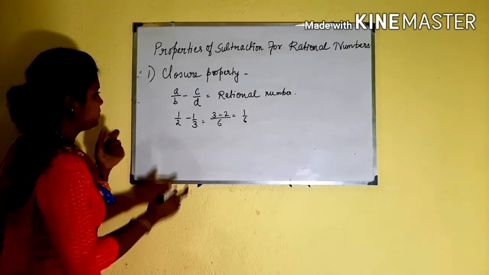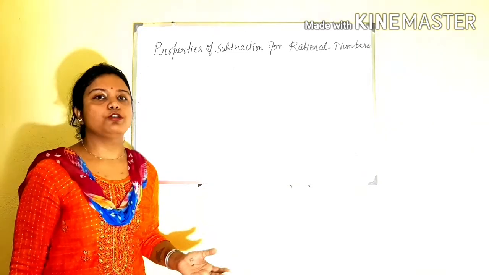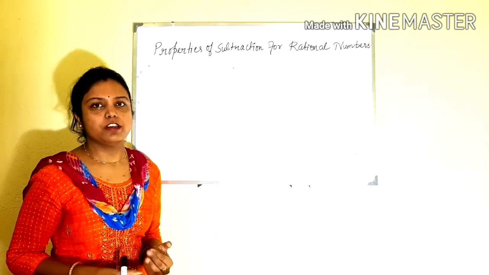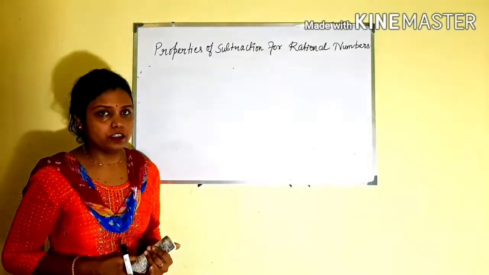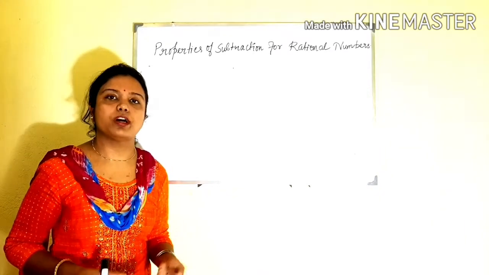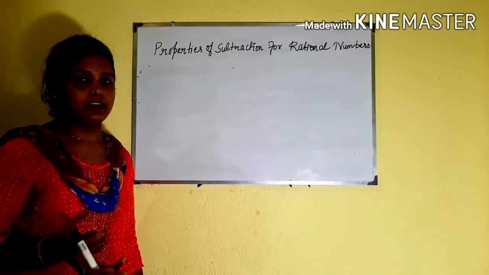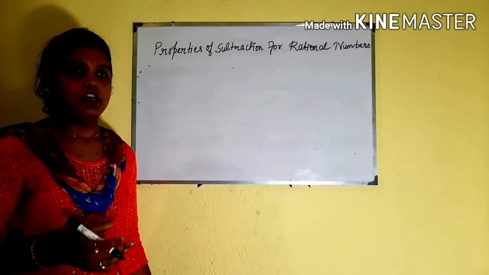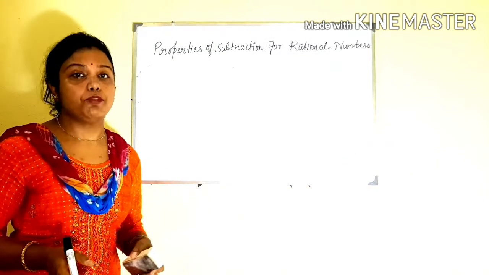Now, next. For subtraction, we don't follow the commutative or associative property, as well as identity and inverse. Just have a look at the board. You can easily understand why we don't follow commutative or associative property. Whenever you subtract two rational numbers and then reverse them, we don't get the same result.